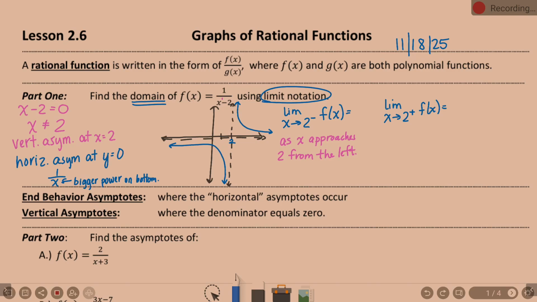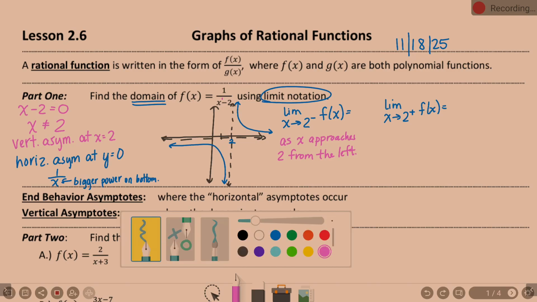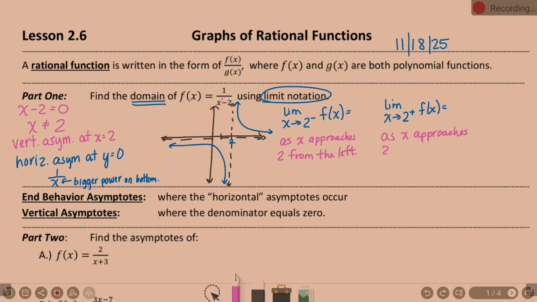And for reference sake, this is as x approaches 2 from the right. Now, are you telling me we haven't done the approach from left and right part before? Okay. Sorry, I just need the reminder. Sometimes I don't remember where you guys are at.